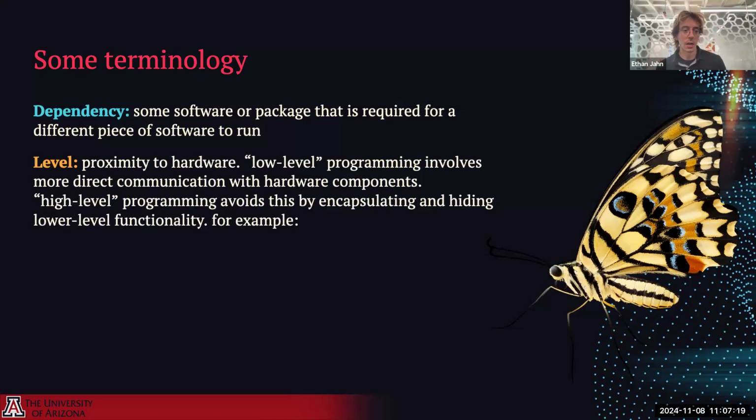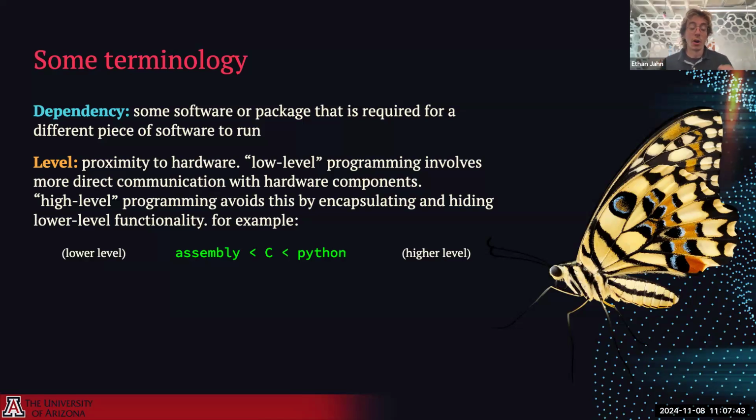So level, here I'm talking about programming level. It means proximity to hardware. Low level programming involves more direct communication with hardware components, whereas high level programming is a bit more abstract and encapsulates, hides the lower level functionality. To demonstrate this, a lower level programming language would be something like assembly.